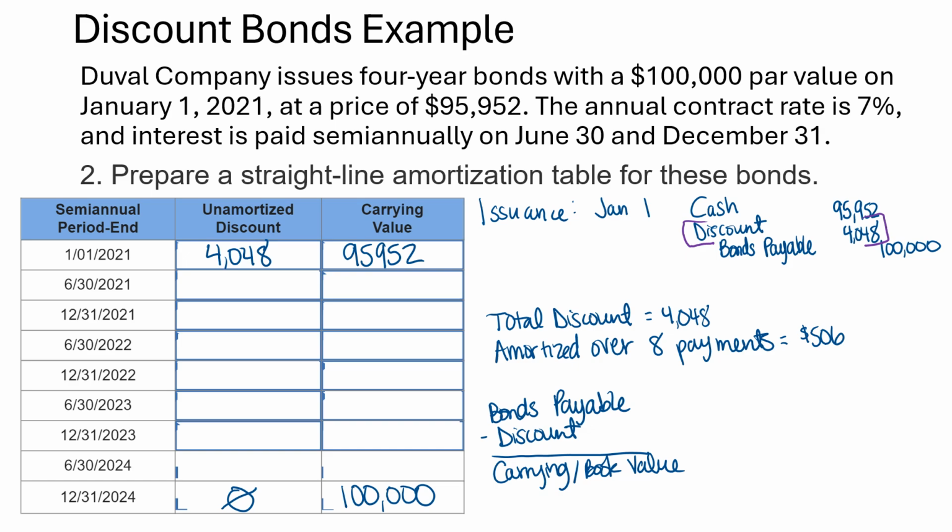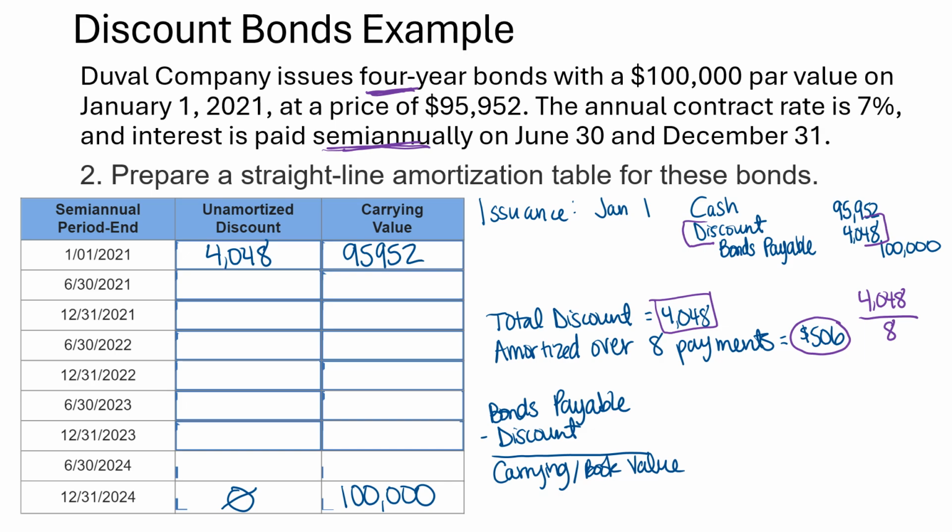Okay, something else to look at. The total discount is $4,048. That's the amount that will be amortized over the 4 years. But remember, it's not for annual payments, it's for semi-annual payments, which is a total of 8 payments. So if you take the $4,048, divide that by 8 payments, you get $506 that will be allocated during each of those semi-annual journal entries.